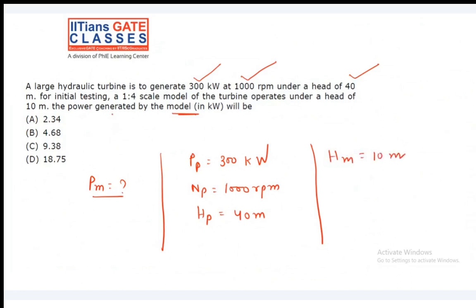Then it says the power generated by the model. So power generated by model is what? Simple now. Just now we have seen this problem. The same thing you analyze here and tell me the answer.